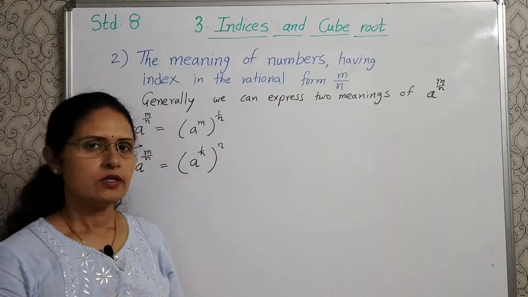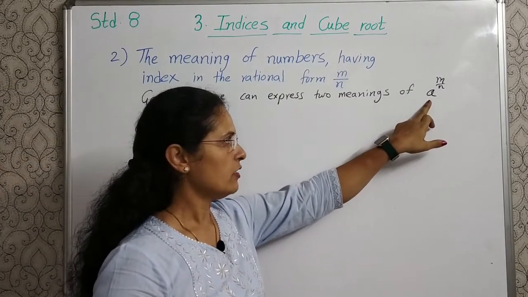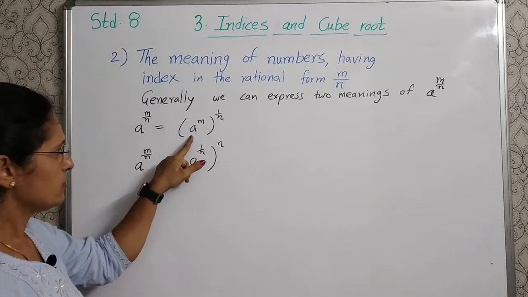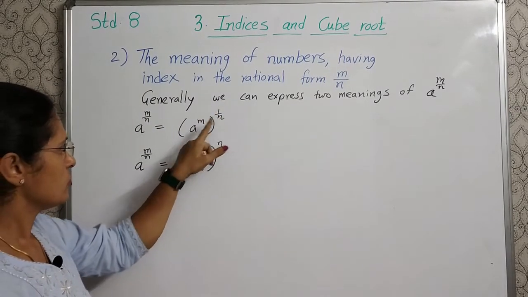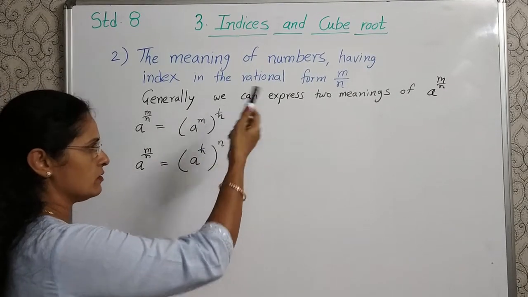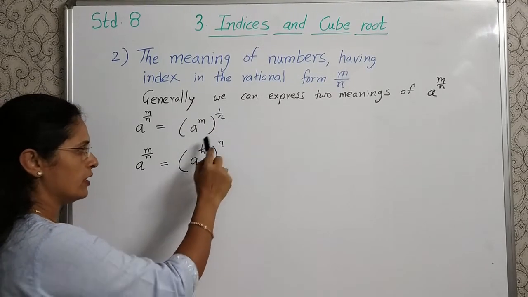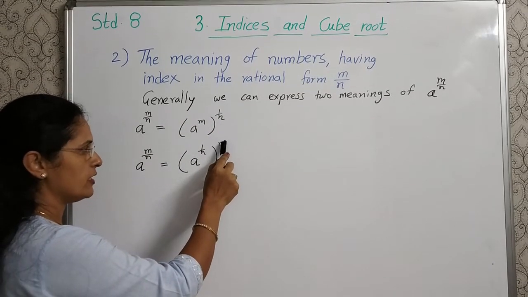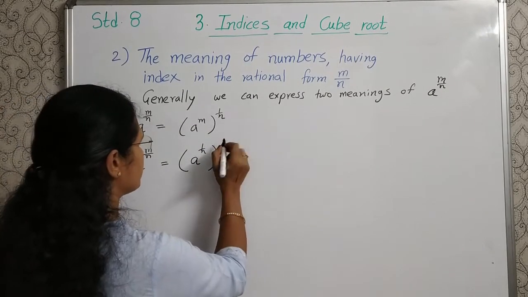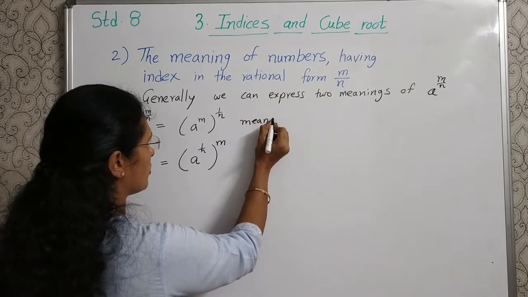Generally, we can express two meanings of a raised to m by n. You can write that like this also: m inside the bracket and 1 by n, the other index, outside the bracket, or we can write 1 by n inside the bracket and the other index m outside the bracket. What is the meaning of this?